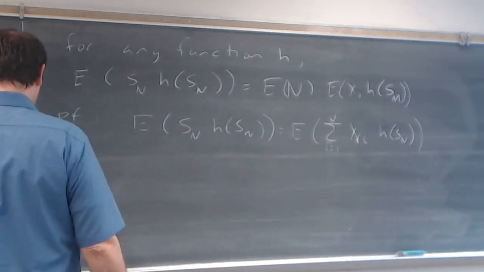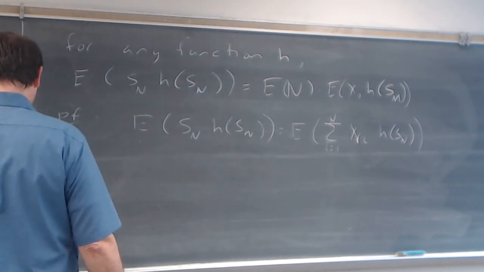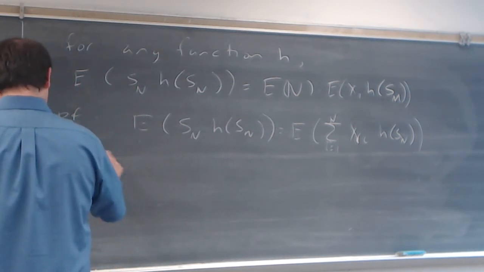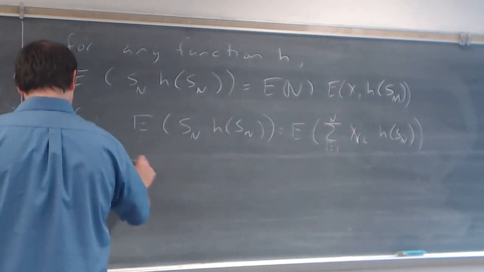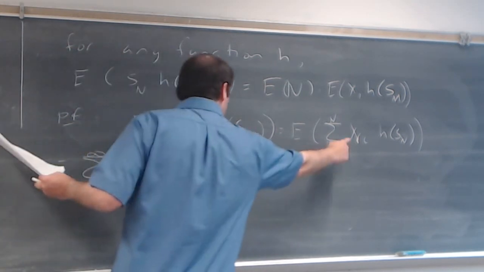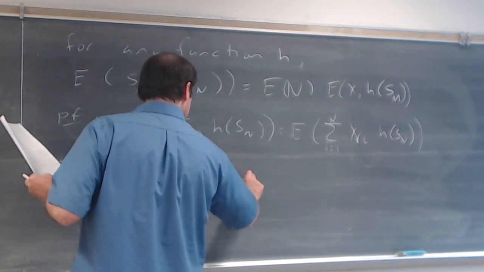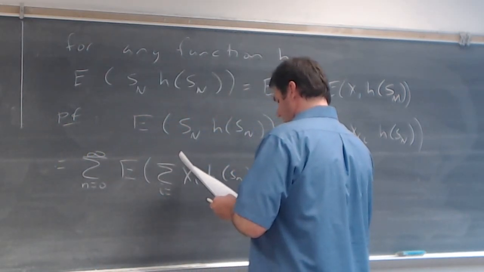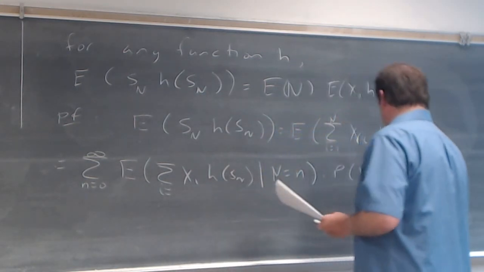Okay, and now we will compute this by conditioning on n. So this is equal to the sum as n runs from 0 to infinity, by a fact we've given before, the expected value of this quantity here given n equals to n times the probability that big N equals to n.